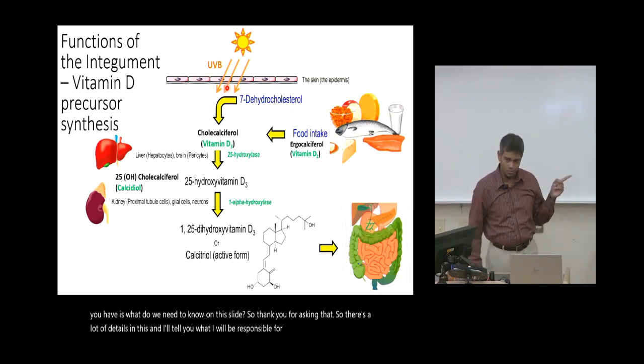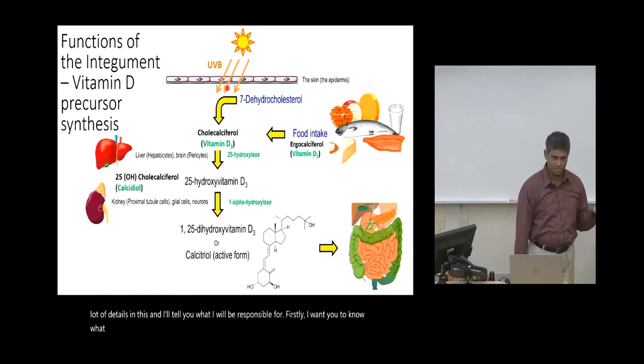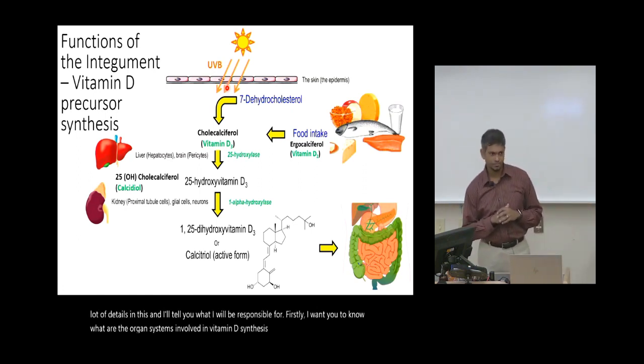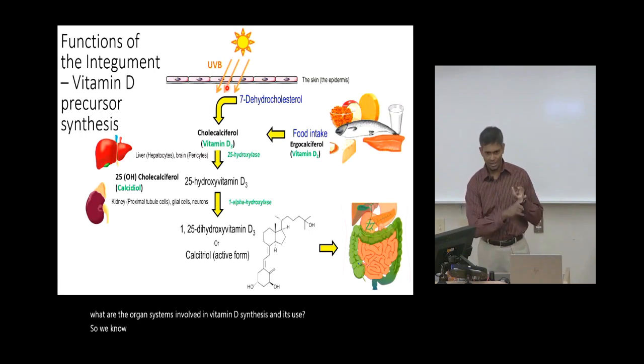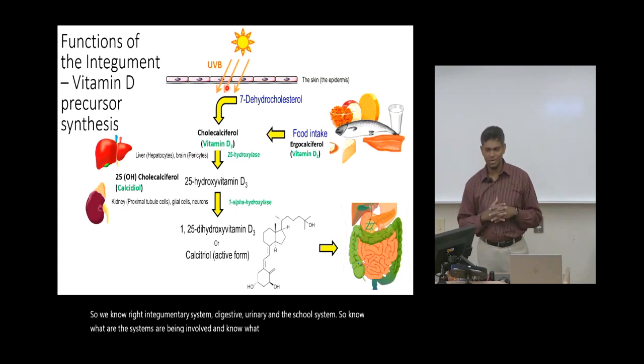Firstly, I want you to know what are the organ systems involved in vitamin D synthesis and its use. So we know it, right? Integumentary system, digestive, urinary, and the skeletal system. So know what organ systems are being involved, and know what intermediate product is being converted there, right?